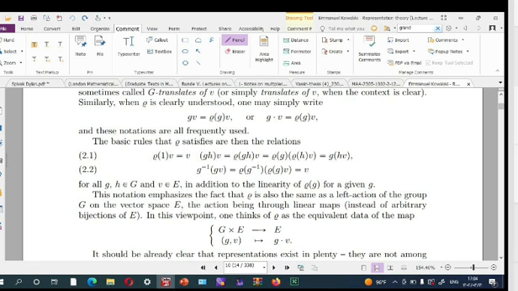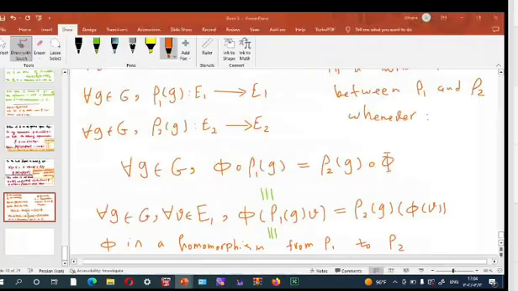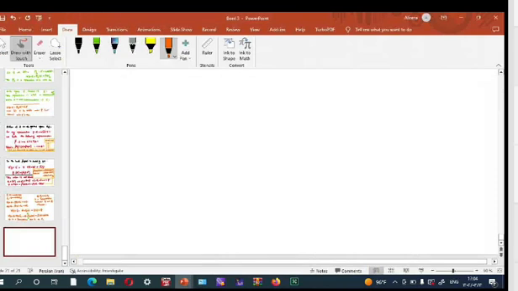It is very nice that if we have a representation on G, we can induce an action of G on E, okay, by these function rules. Please note that.